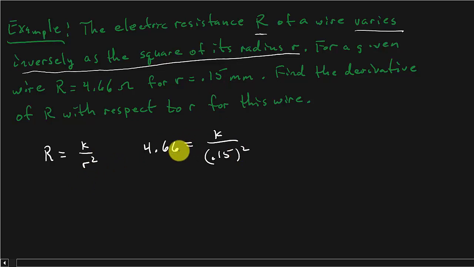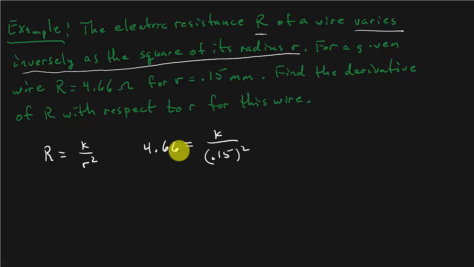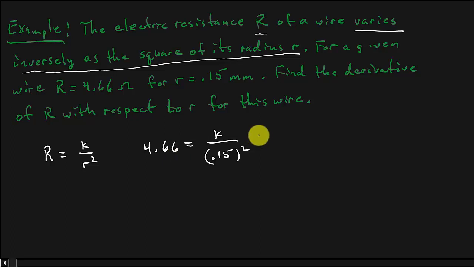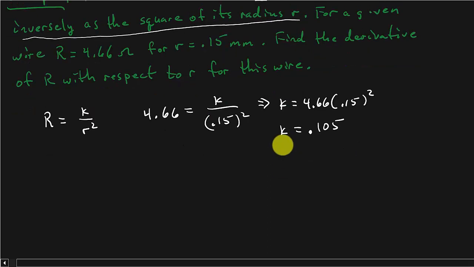So k is equal to 4.66 times 0.15 squared. Let's see, what is that? 0.105. There's k. So now I can write R is equal to 0.105 over r squared. All right?